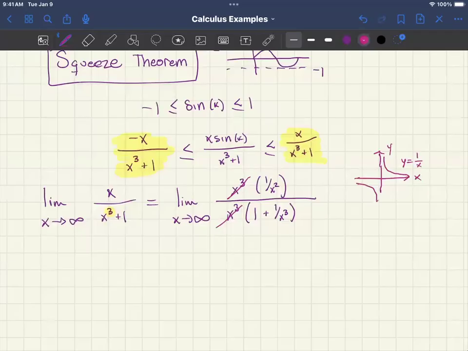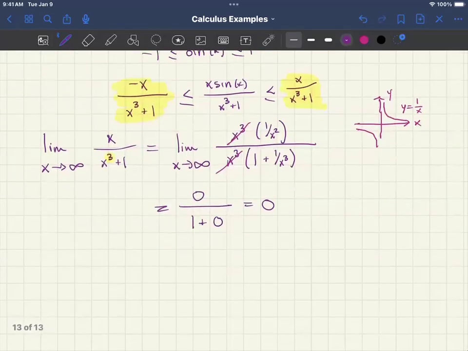Variations of that, like 1 over x squared and 1 over x cubed, are going to follow the same pattern, which is that as x goes to infinity, that number is going to go to 0. So this gives us a 0 on our numerator and a 1 plus 0 in our denominator. Because our denominator is non-zero, we're good to go. We don't have to worry about anything funky happening.